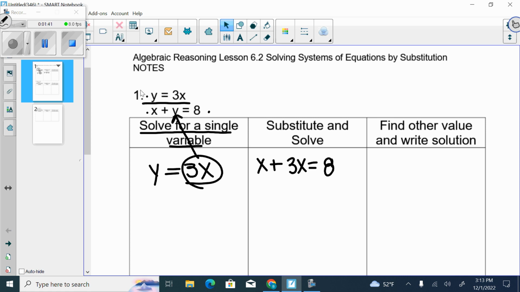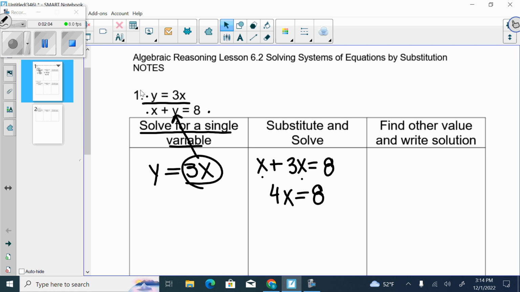So now we got rid of the y, we can solve for x. Okay? So if I'm going to solve for x, what should I do first? Add them, right? Add the like terms. What is x plus 3x? 4x. So I have 4x is equal to 8.